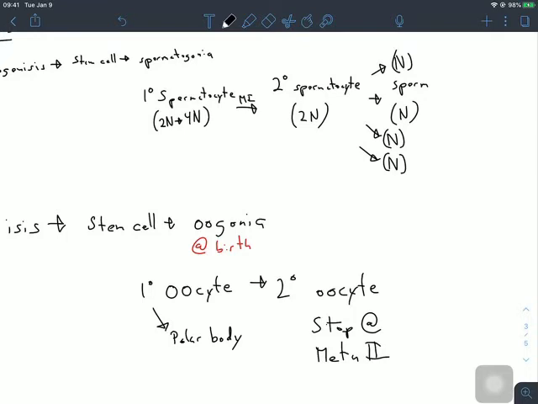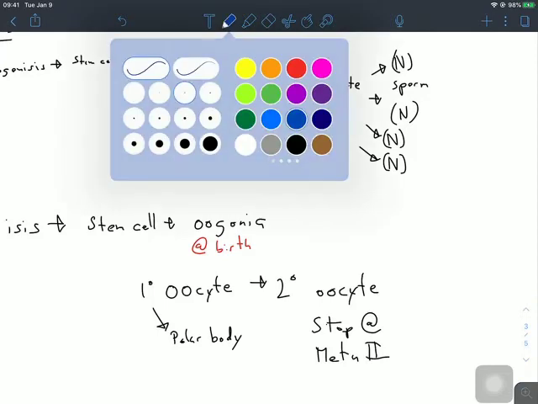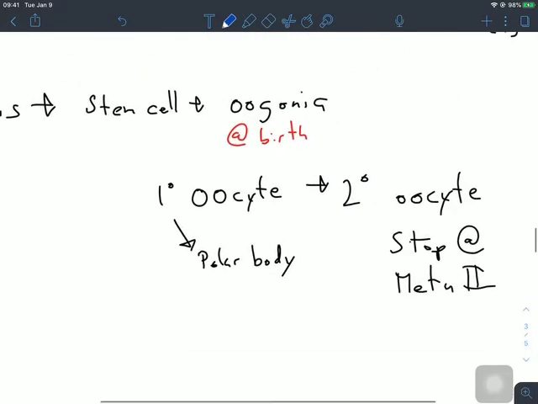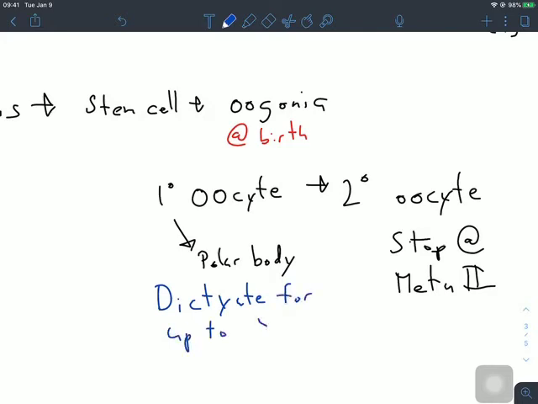Because the timing of these two steps, the primary oocyte and the secondary oocyte, are quite unique. So your primary oocyte can remain your primary oocyte for up to 50 years. It will remain dictyate for up to 50 years. That means it's frozen in time, essentially.